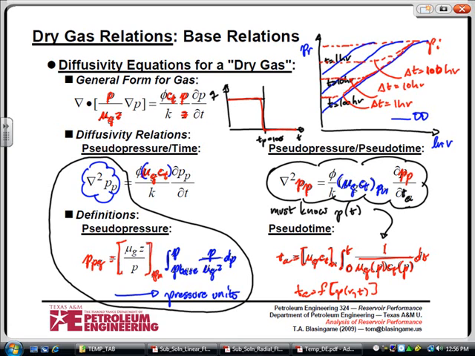Why does it backtrack on the last pressure distribution when we shut in? It's going to take a while for it to propagate all the way back out. And so the buildup will retrace the drawdown at the last instant we shut in. Very good.